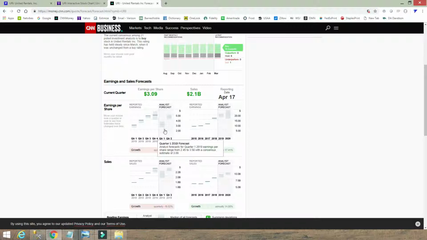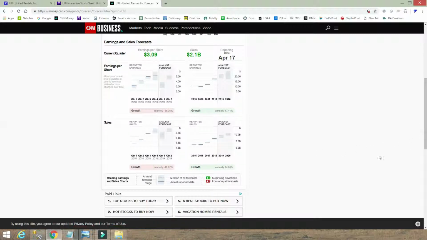There is a little troublesome dip here in the current quarter that they're going to be announcing in a couple weeks, that looks like something you need to be looking out for, as to whether that turns out to be as negative as this forecast seems to indicate. But further out, forecasts are for pretty substantial growth in terms of earnings. And also you can see here growth expectations is around 15%.